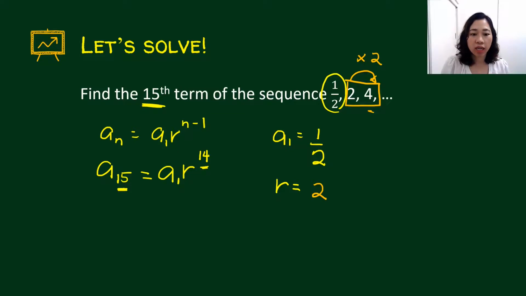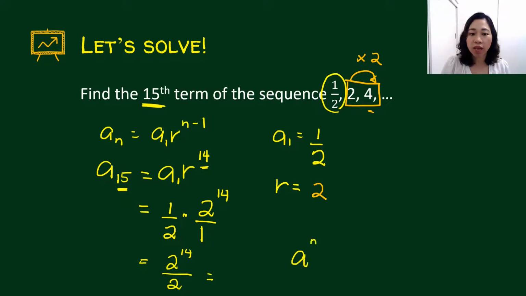Then same thing, just like with our previous example, plug that in. 1/2 times my r, which is 2, raised to 14. And then, what do we have here? Look at this, class. How do you divide 2 raised to 14 over 2? Let us recall your laws of exponents.